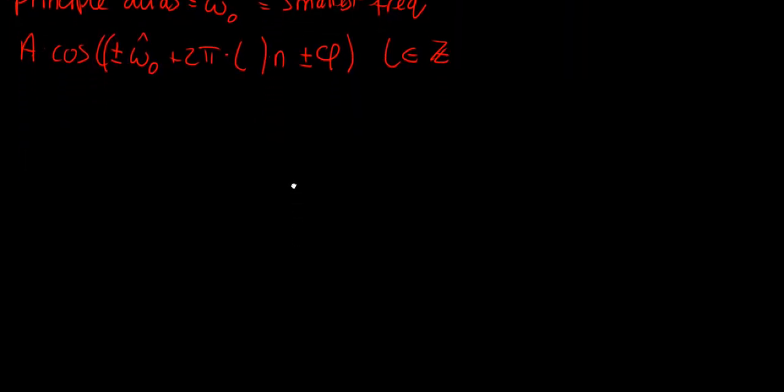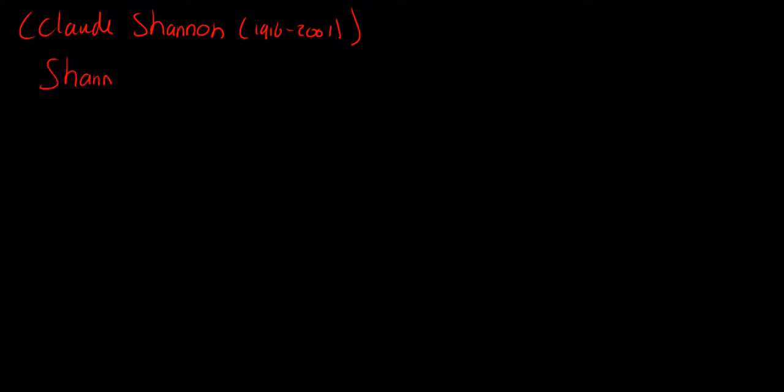And for that, we have to go to Shannon, namely Claude Shannon, who has developed a theory, and he lived from 1916 until 2001. He developed Shannon's sampling theorem. And this is also an important one.